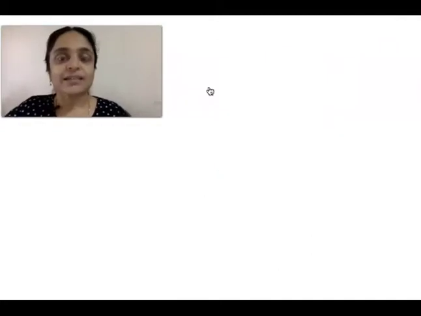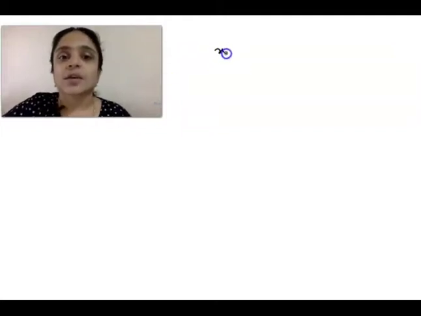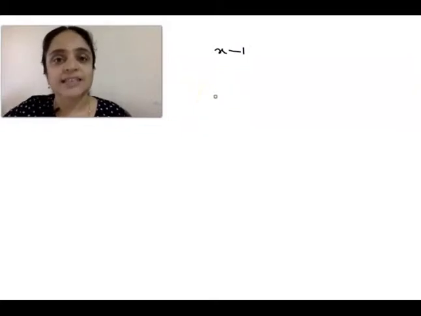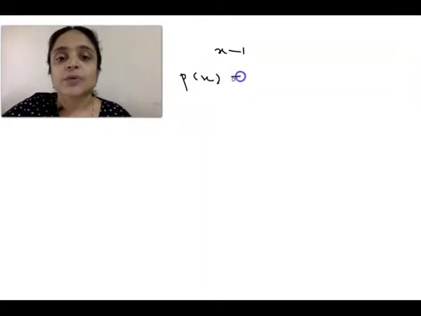Now, we have a term called zero of the polynomial. What is the zero of a polynomial? Let us say the polynomial p of x equal to x minus 1. So, what is p of 1? P of 1 equal to 1 minus 1 equal to 0.